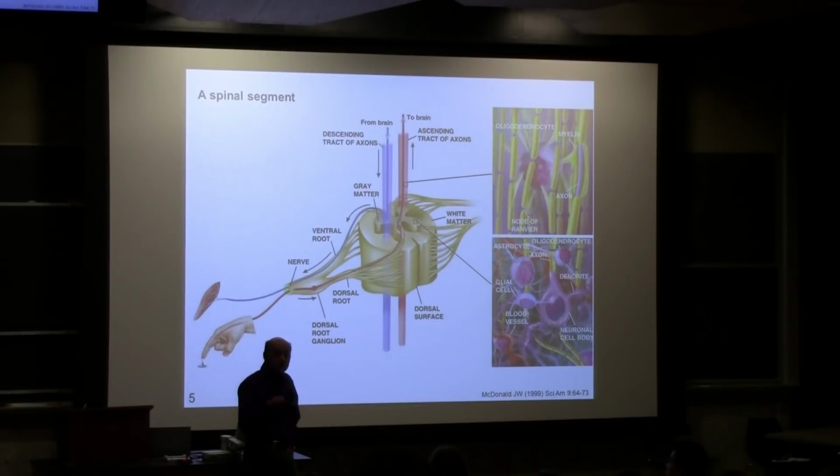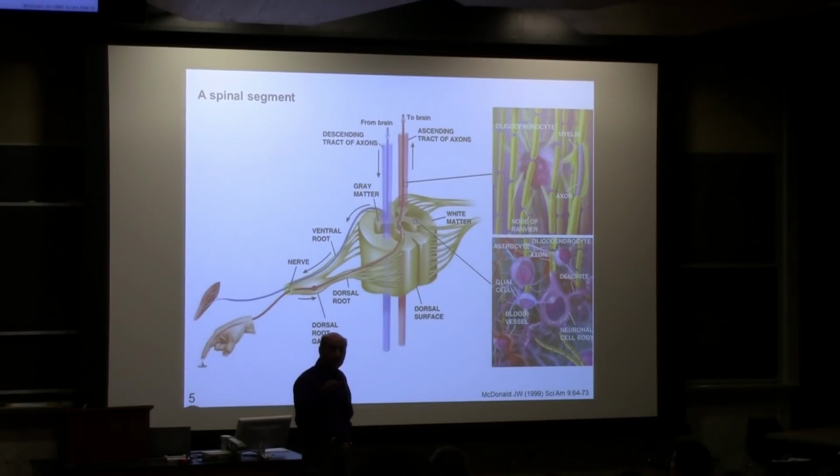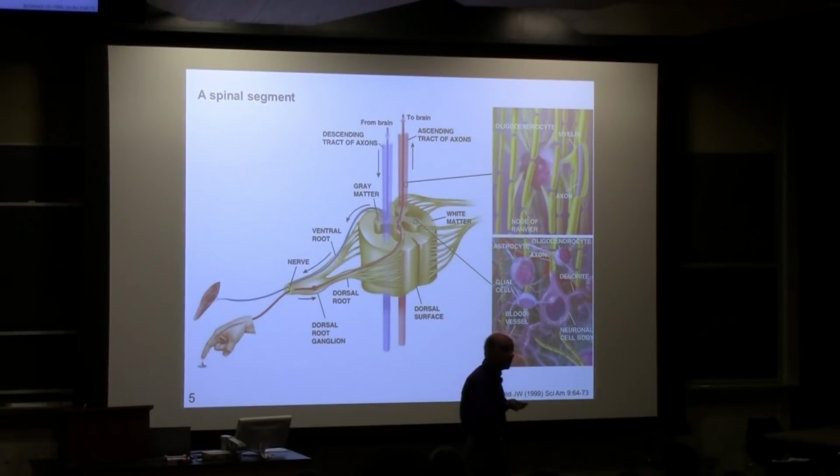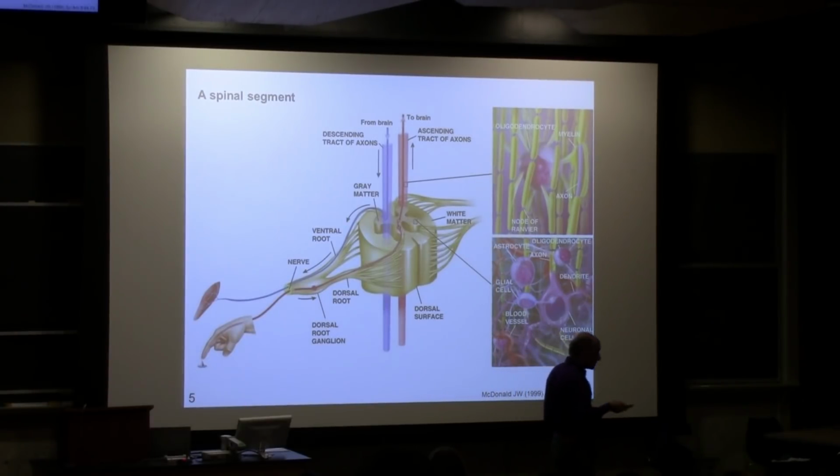Right. So the reason why I bring up the myelin and the glia cells is because we're going to see that that's one of the main problems in spinal cord injury. When there's damage to the spinal cord, you not only lose the cells that are there, but you also lose the myelin on the axons that are traveling.